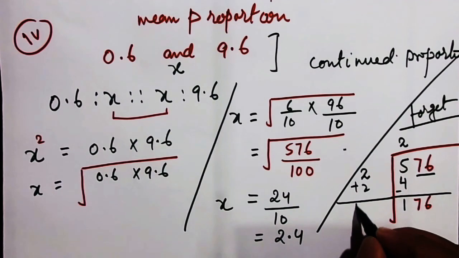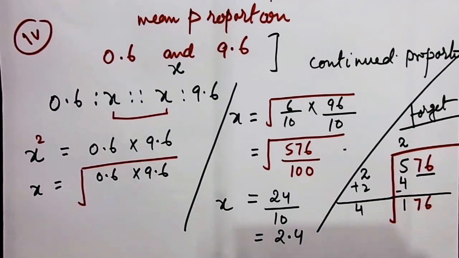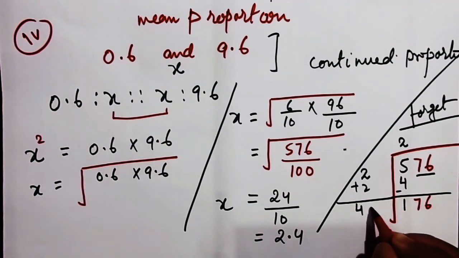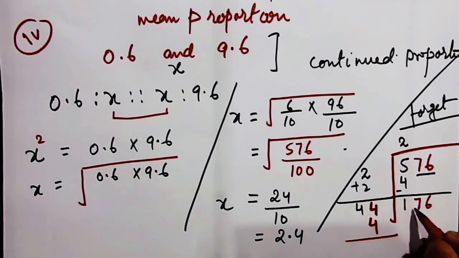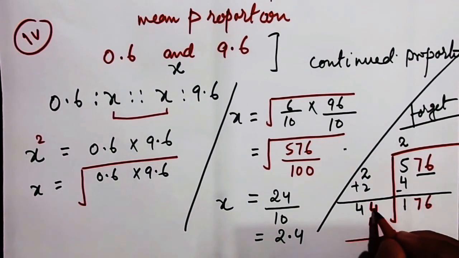So 2 plus 2 is equal to 4, and I have to select a number over here such that if I multiply it by the same number, I should get 176. So I have kept 4 over here.